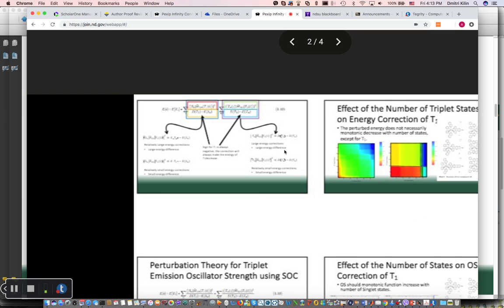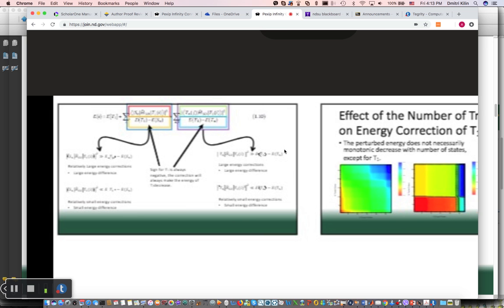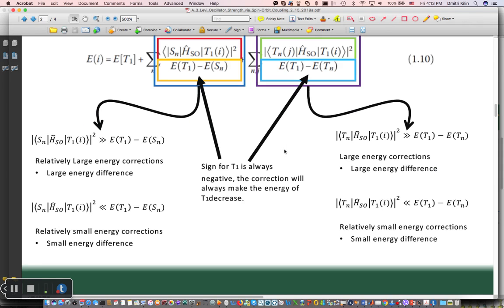Before you go to this one, if you just do regular Gaussian calculations, which all of you are already very familiar with, you can of course calculate singlets, you can calculate triplets, or you can calculate both singlets and triplets in one run, and it will give you all these levels and energies. But either doing singlets or singlets and triplets together, neither calculation really includes the spin-orbit coupling.